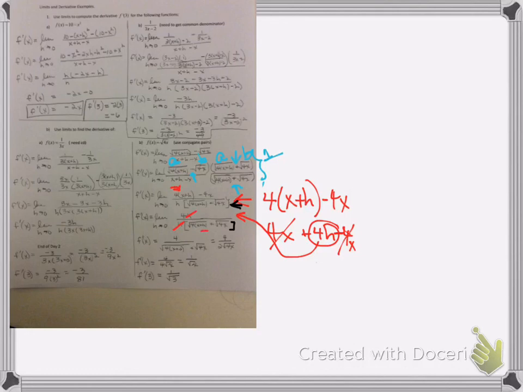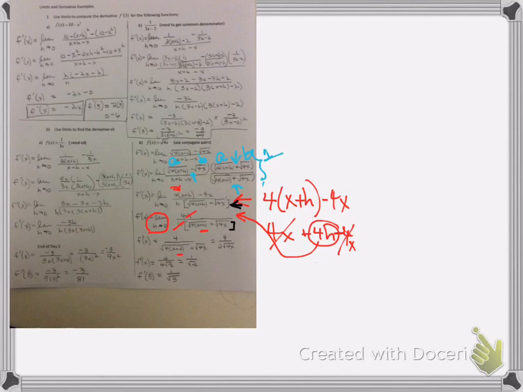So wherever I had an h, I'm plugging in a 0, and because I'm doing that, I'm no longer writing the limit as h goes to 0. Okay, so this is what I have.